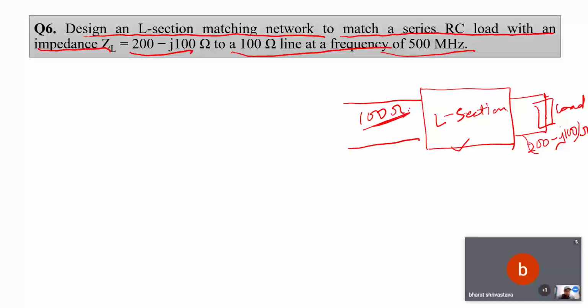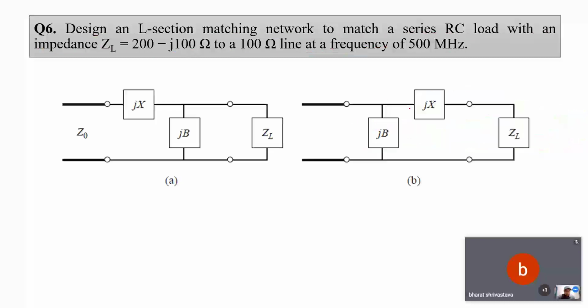Okay, so for solving this kind of problem we have two configurations. One is configuration A, whereas the second one is configuration B. In configuration A, you can see that a susceptance is placed near the load, and then a reactance is placed which is connected to the transmission line.